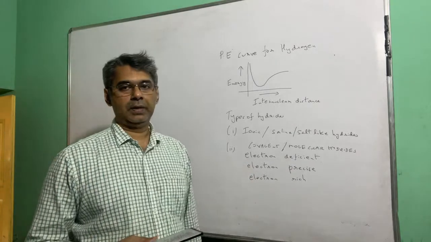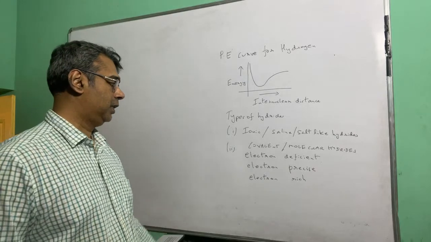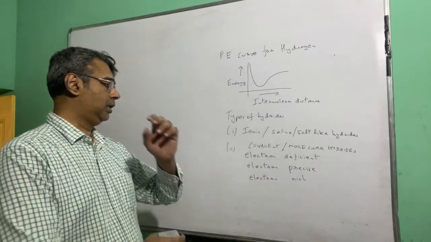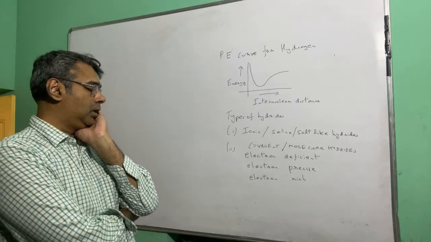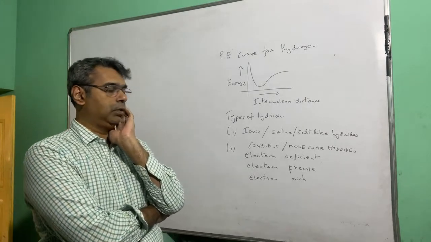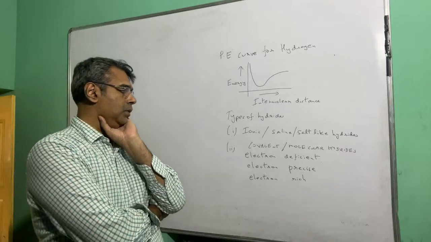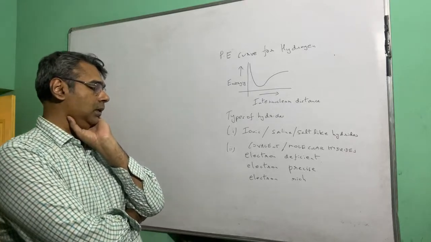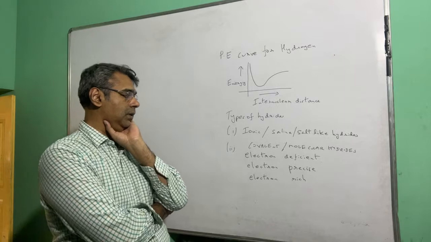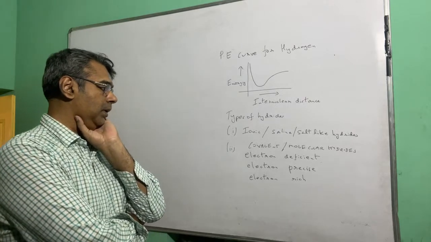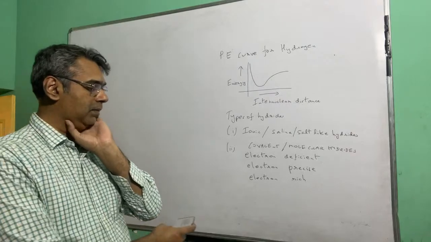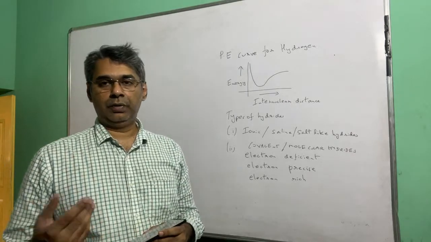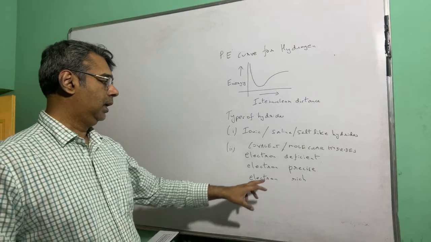So what is the difference between these three? Electron deficient, electron precise, and electron rich hydrides. Electron deficient is basically group 13 hydrides. Group 13 hydrides are electron deficient simply because they have a tendency to look for electrons to complete the octet.